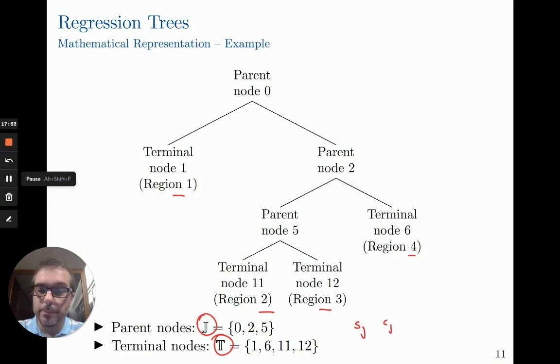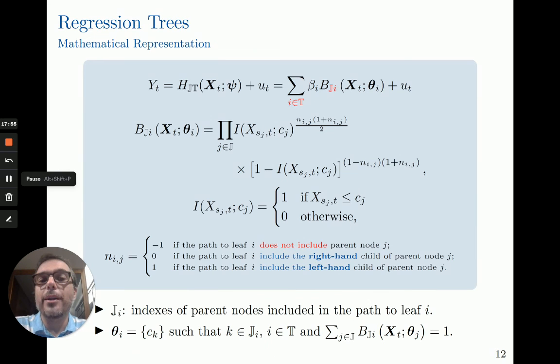So it's a very easy way to describe a regression tree. If we want something more complicated, to write everything in a single formula, we have a mathematical representation here. Don't bother too much about it, but what is important is to see that a regression tree will be a weighted sum of these functions B, and these functions B are basically a product of indicator functions as described here.